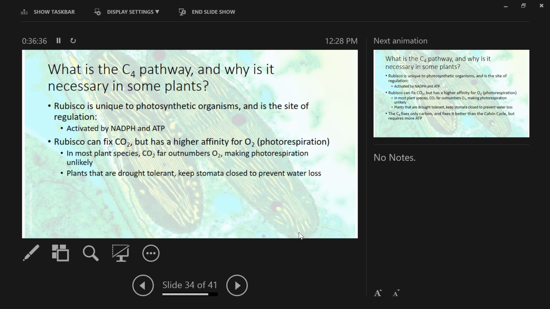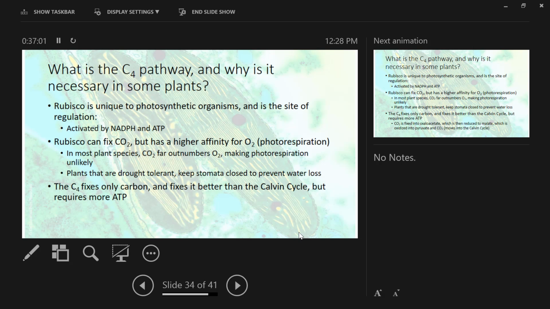And if their stomata are closed, oxygen is not diffusing out and carbon dioxide is not diffusing in, meaning these plants build up an enormous amount of oxygen inside their tissues, making photorespiration extremely likely and going to outnumber the light-independent portions of photosynthesis. So plants that keep their stomata closed during the day have what's called the C4 pathway.